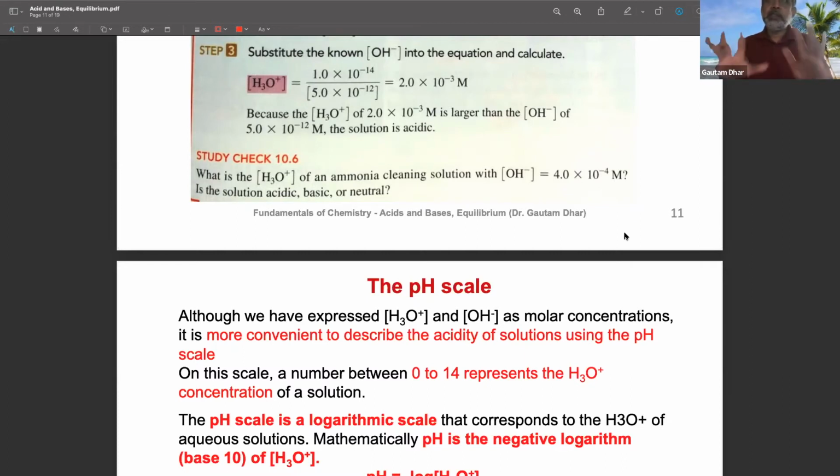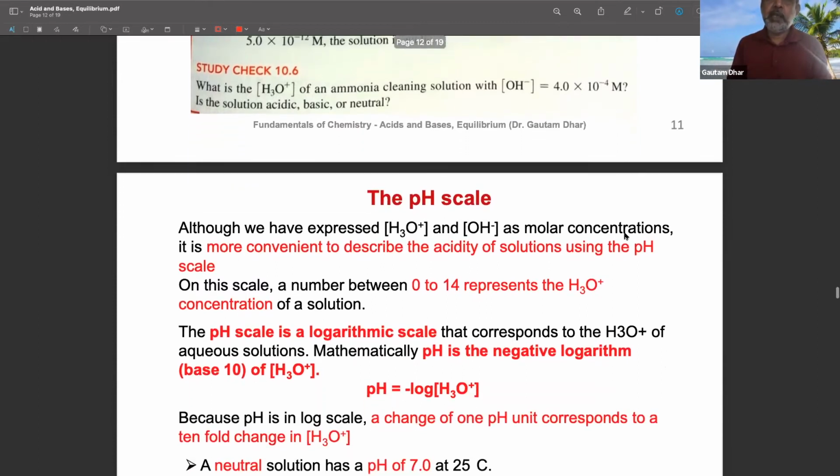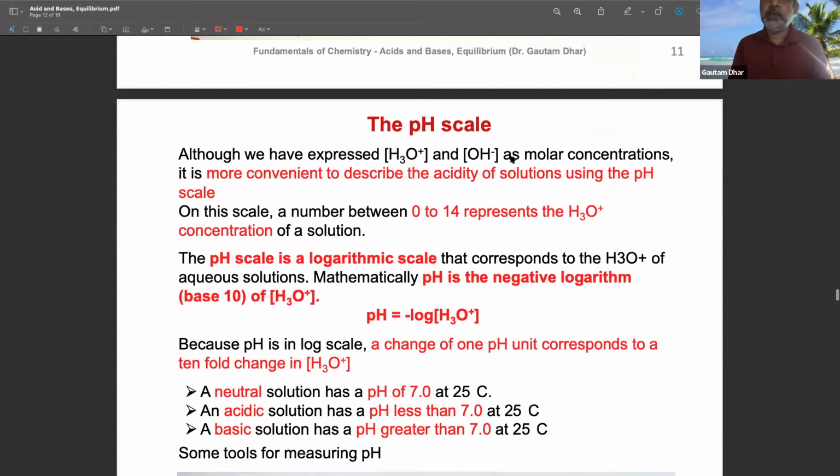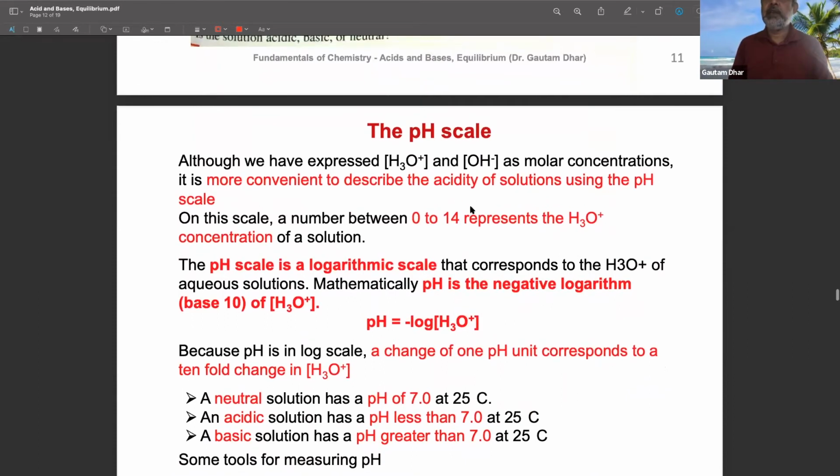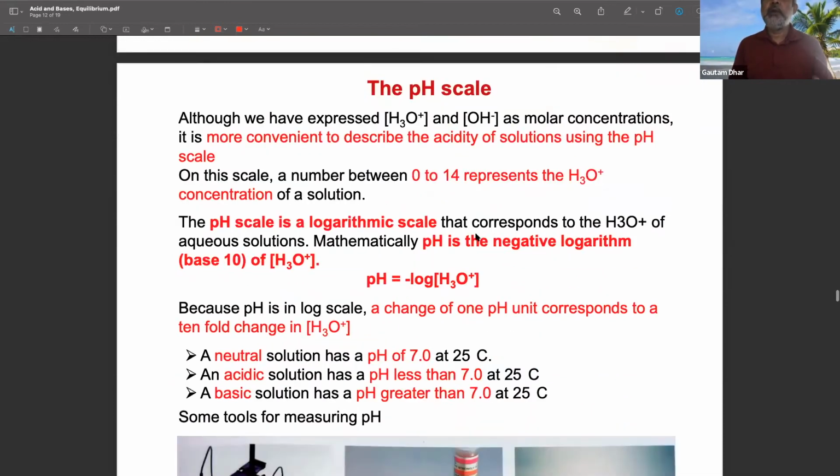Now, this is fine. We could have kept it like that as acid strength, or H3O plus and OH minus concentration, but a more convenient way of expressing H3O plus and OH minus is as the log, because these are powers. Log is basically the reverse of power.